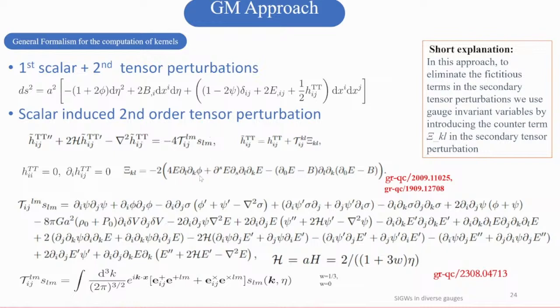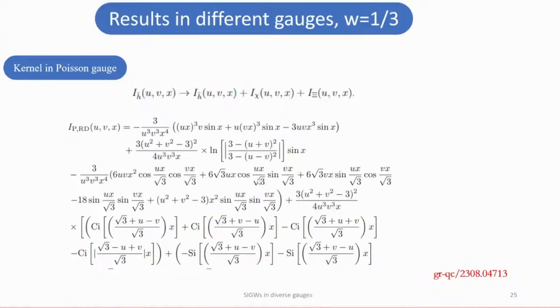So similarly, we have the formulation to further study the scalar induced gravitational waves. For the w here, we use the equation of state for the radiation domination case and the matter domination case. You can see further details in the provided references.